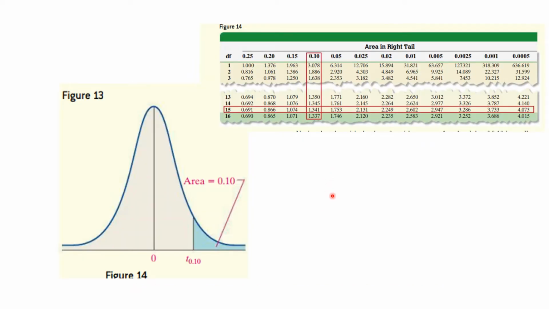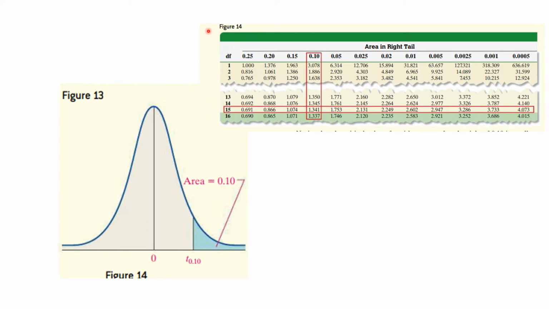In fact, let's just say a little bit more about it now. So suppose you had a sample that had 16. That means the degrees of freedom is 15. It is always n-1 in this application. So we're going to be looking across the row that is 15. And suppose we wanted to find what value of t separates this area we're showing here of 0.10.